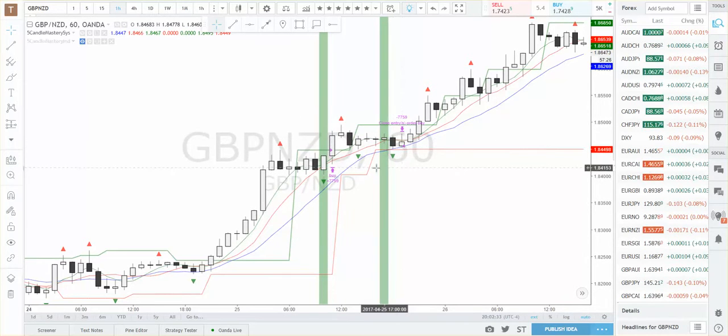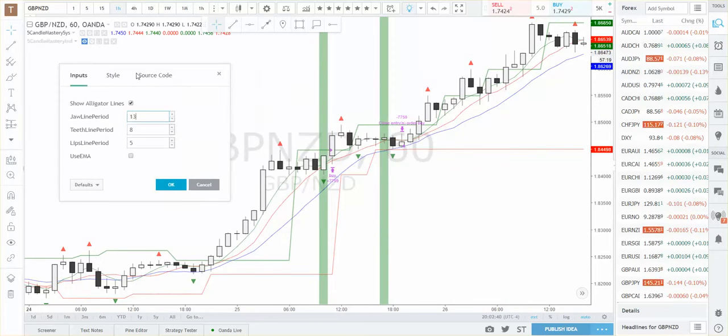Okay, and let me go over the inputs here. So you can turn off the alligator lines if you don't want to see them, the moving averages. Show alligator lines.